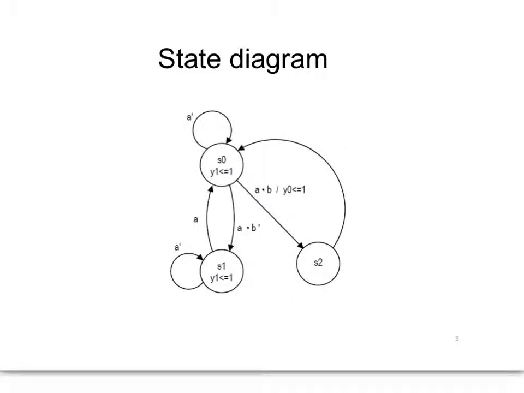This is a more complete state diagram with some really lousy state names. I think most of the book is good, but their way of naming states doesn't really make sense. States here are called S0, S1 and S2. As you can see, in this example we have both Mealy and Moore assignments. We have Moore assignments in the states, state 0 and state 1 here.